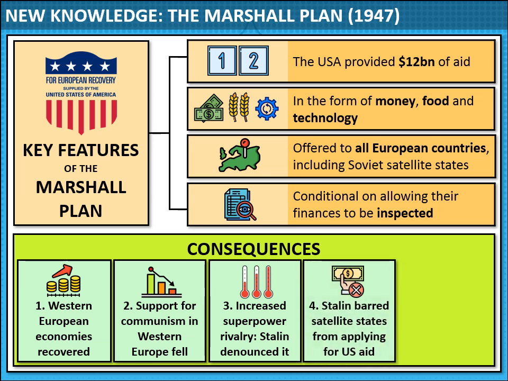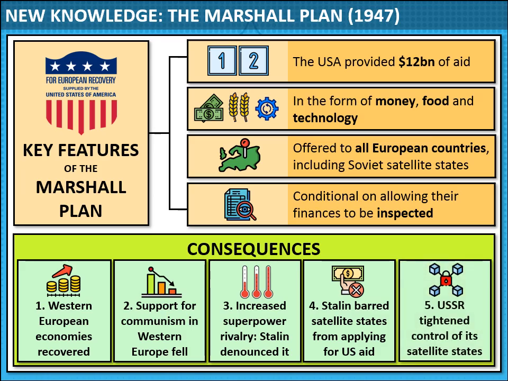Stalin barred all satellite states from applying for American aid. He was worried that if they accepted it, they might fall under American influence, and he could never agree to this. And instead, the Soviet Union began tightening its control of the satellite states.